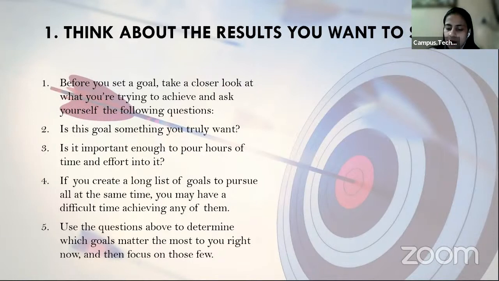Now, if I ask about a list of goals, like what are the different types of goals which you can set for yourself? Let's quickly write down the list of goals which you can set for yourself. And then we will have a close look at whether it is practically possible to achieve all those goals all together.